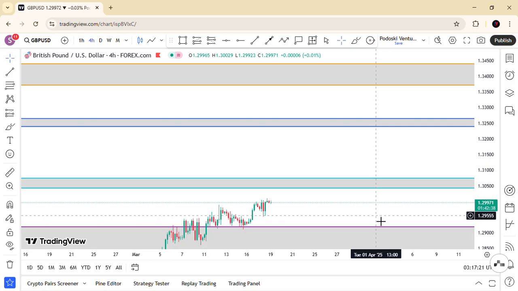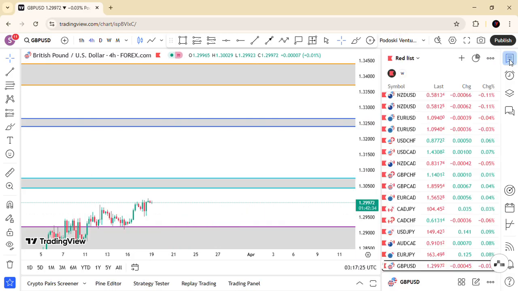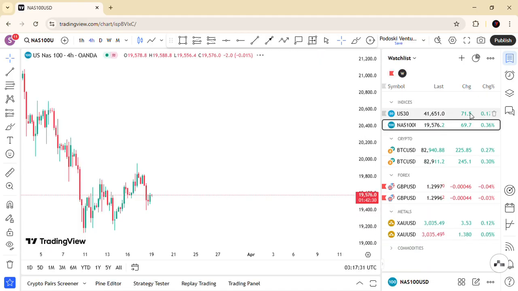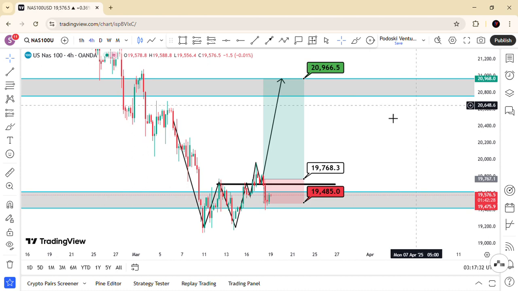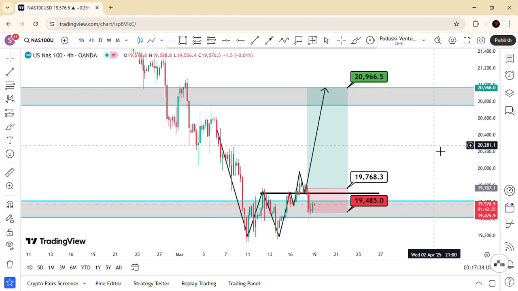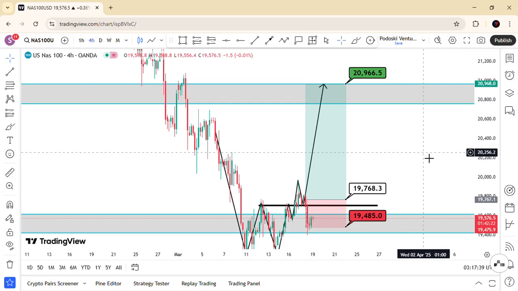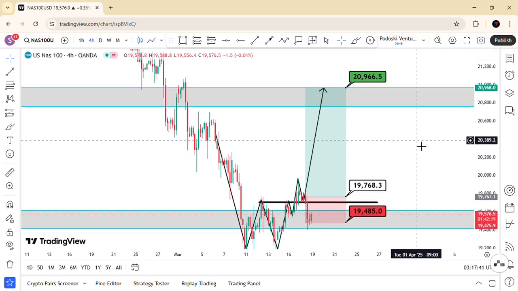Yesterday I dropped a signal on Last 100 and it hit our stop loss really fast. To cover that, today I'll be dropping about three chart analyses for you guys.